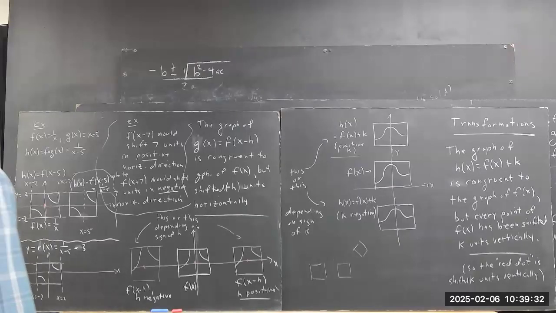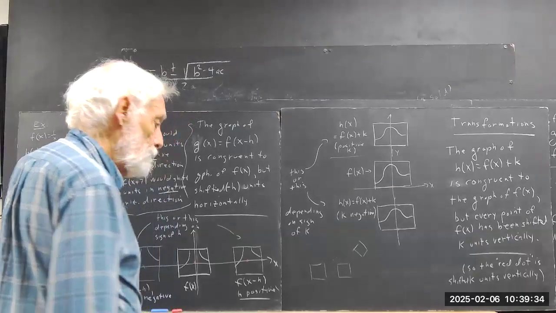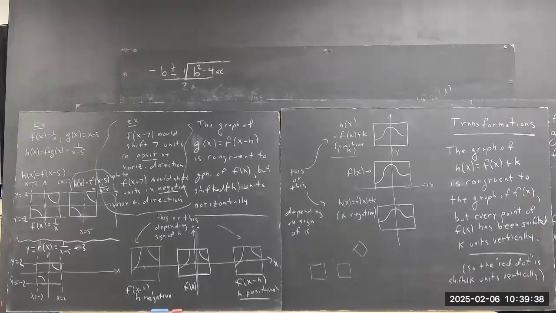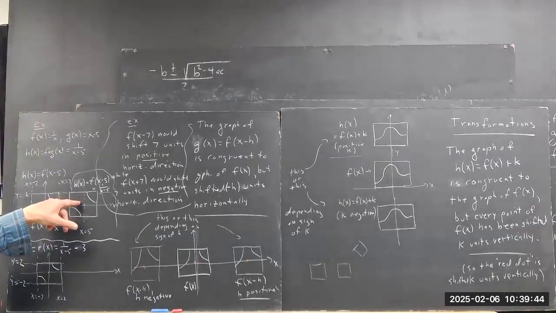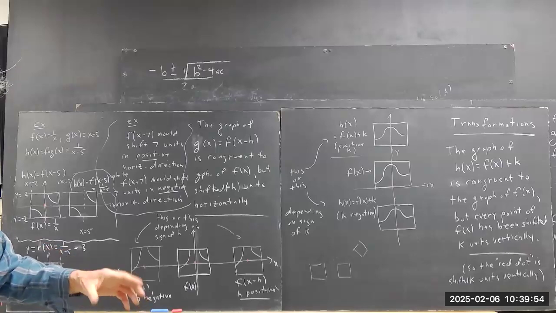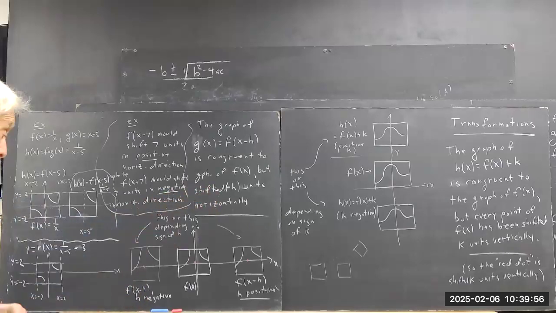Okay, so what I asked everybody to do was sketch the 2 rectangles that we would get. Now, the first rectangle would be this one, because we're doing the horizontal shift. Okay, x has been replaced by x minus 5, and every time that happens, you get a horizontal shift.